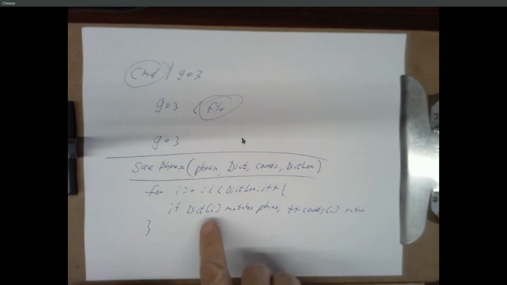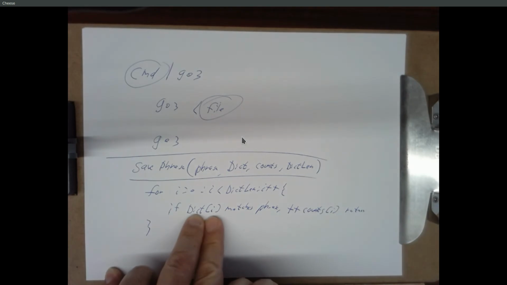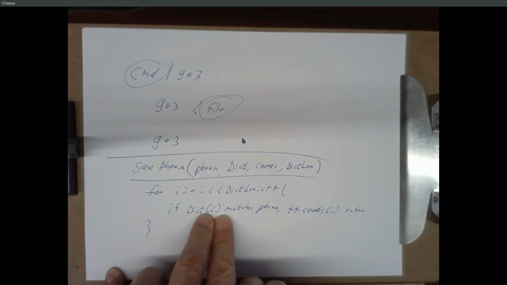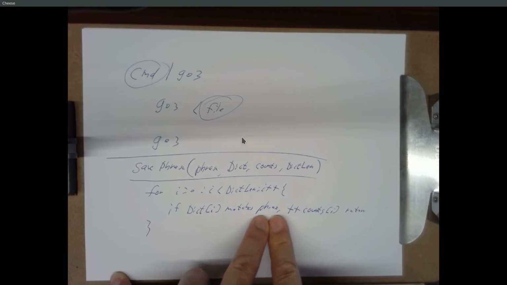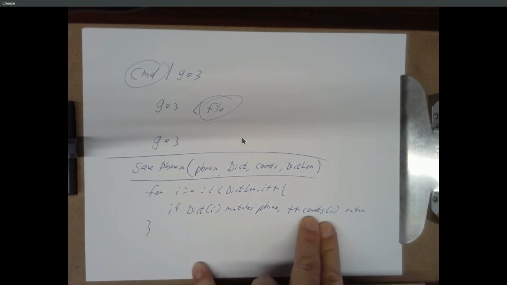So go through all the entries in the dictionary and look at each entry, 0, 1, 2, 3. Dictionary bracket i is a string, phrase is a string. If they're the same string, then we've already seen this phrase, just bump up the count that corresponds to that phrase, which is element i in the counts array. So increment counts bracket i.